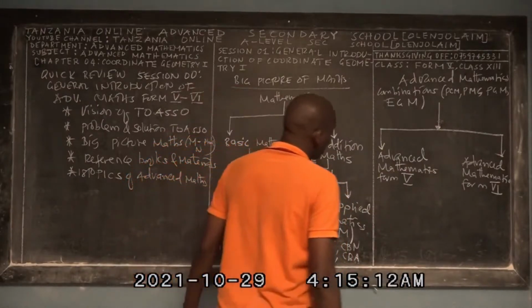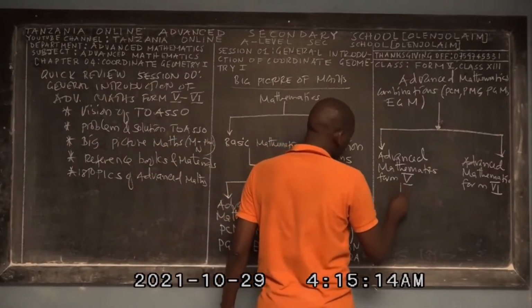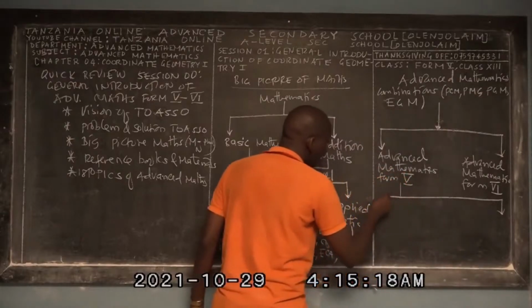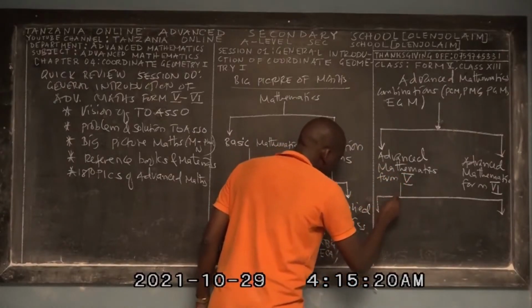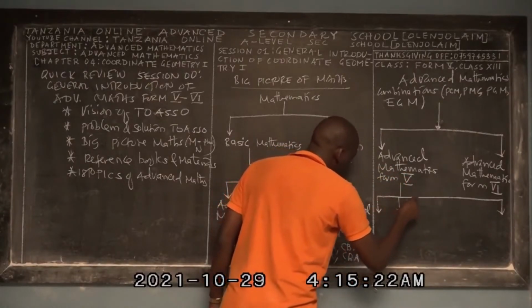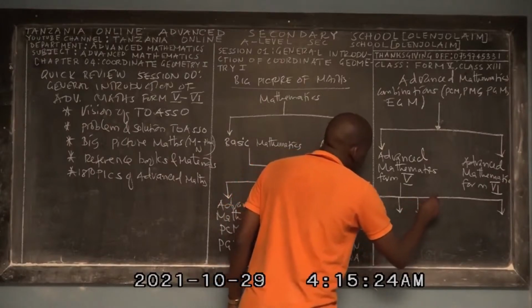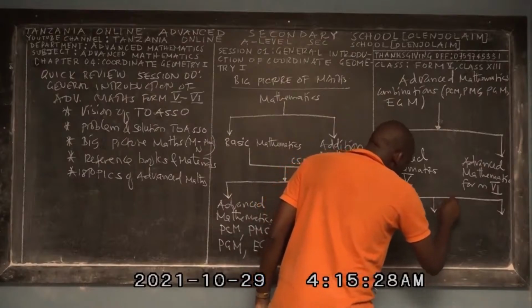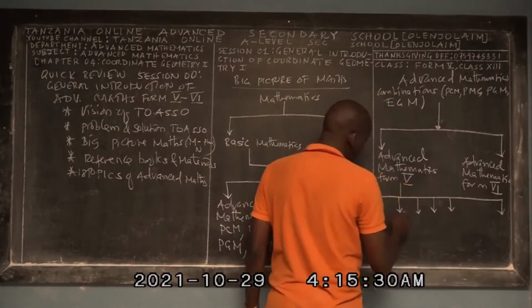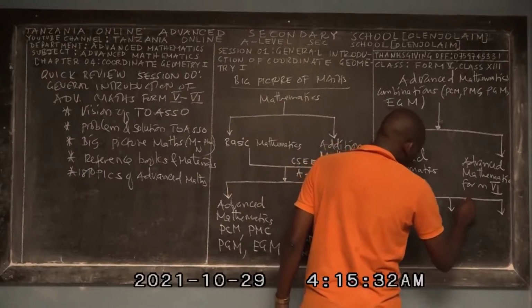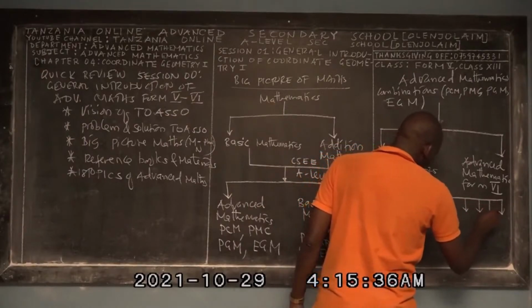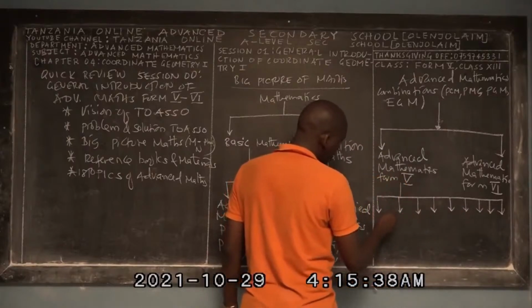So in advanced mathematics Form 5, where we are discussing right now, if we break it down, we find that we have 10 topics or 10 chapters that we have to cover for the entire subject: 1, 2, 3, 4, 5, 6, 7, 8, 9, and 10.